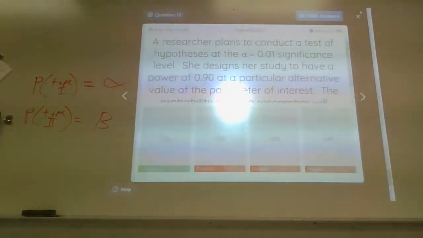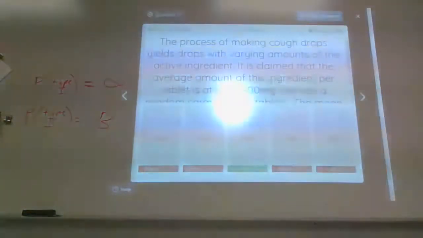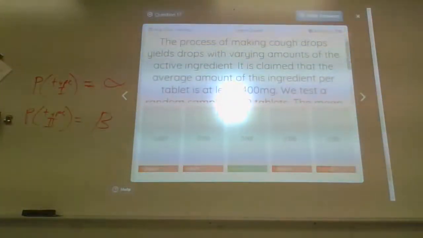Let's see here. Look at that. There we go. It says the process of making cough drops yields drops with varying amounts of the active ingredient. Okay.